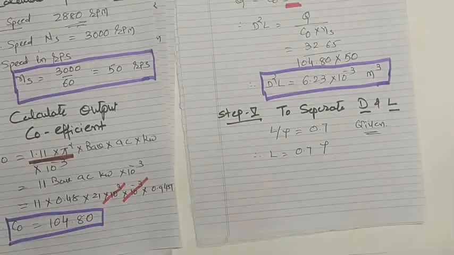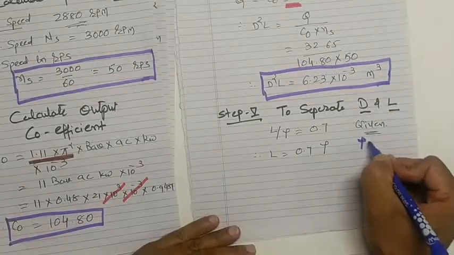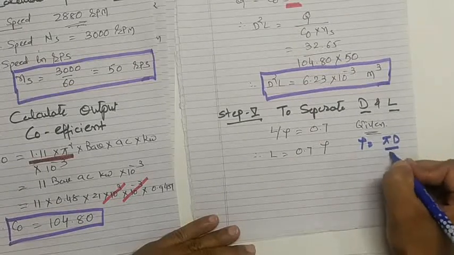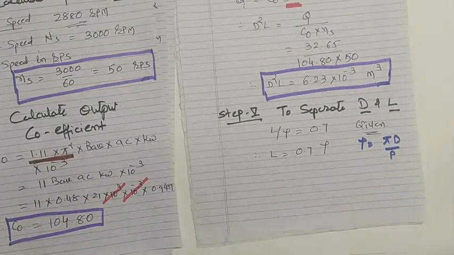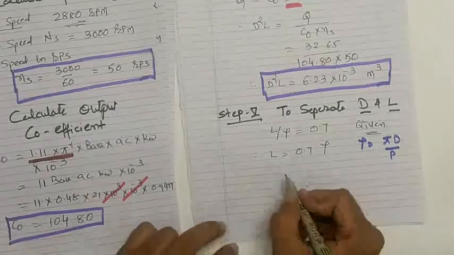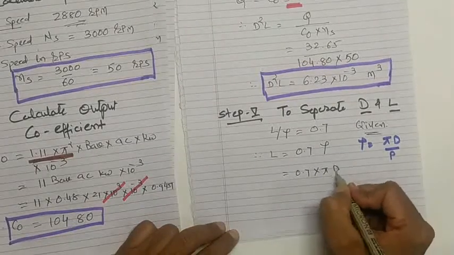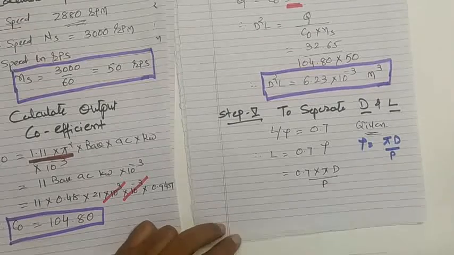Now you should know the equation for tau is pi D divided by P. So let us substitute this value: 0.7 multiplied by pi multiplied by D, divided by P.